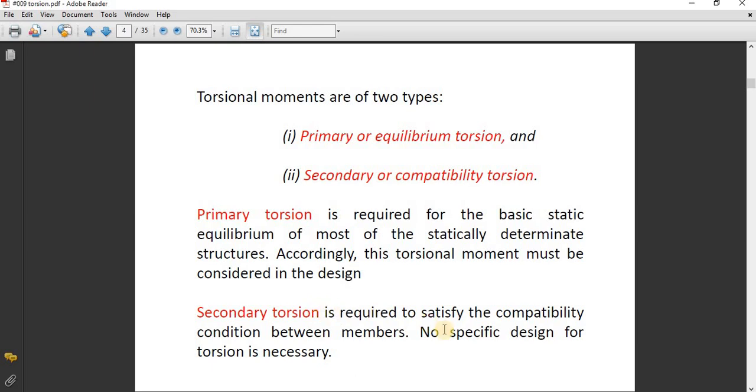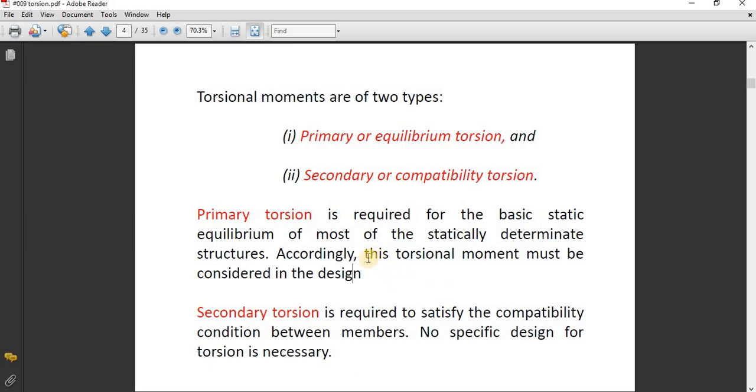Remember, secondary torsion is required to satisfy compatibility condition. Primary torsion is required to satisfy basic static equilibrium conditions. So primary torsion is required for maintaining static equilibrium condition, and secondary torsion is required to satisfy the compatibility condition.